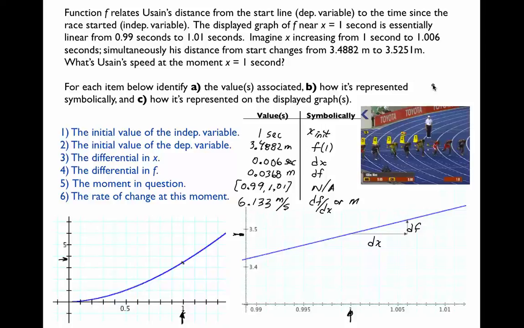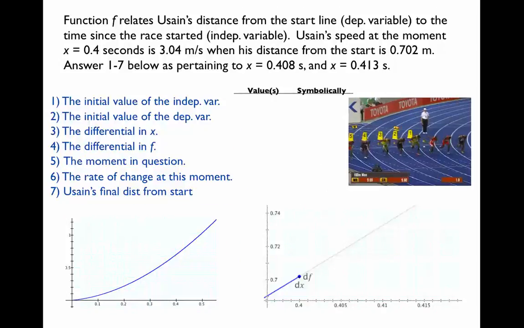So now I'm going to give a similar situation on the next screen at 0.4 seconds, but different information that you're given and different things that you're finding, okay? So here's the next situation. So the function f, same function. We've got the same independent, dependent variable. Now I'm going to say Usain's speed at the moment x equals 0.4 seconds is 3.04 meters per second, when his distance from the start is 0.702 meters.